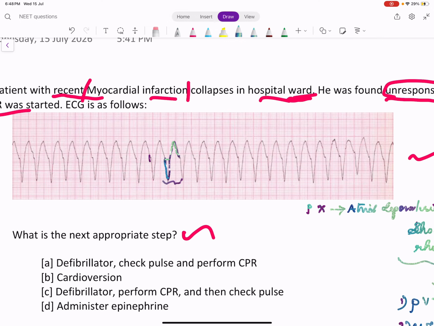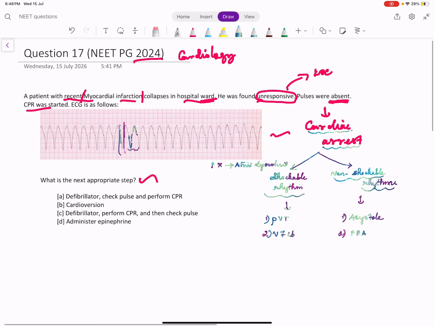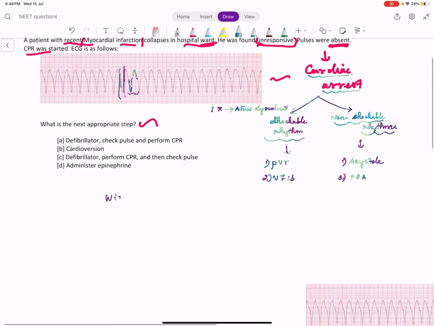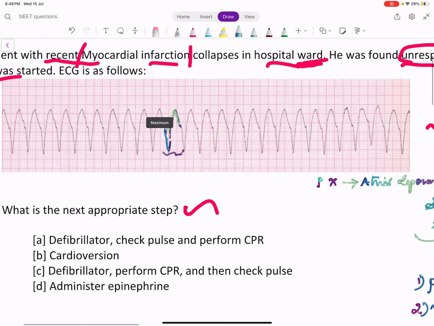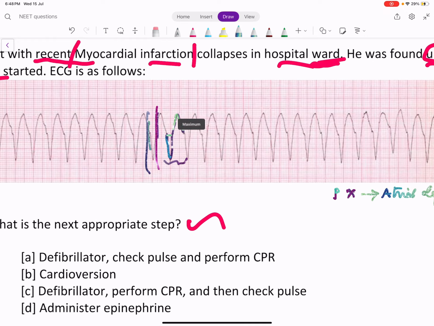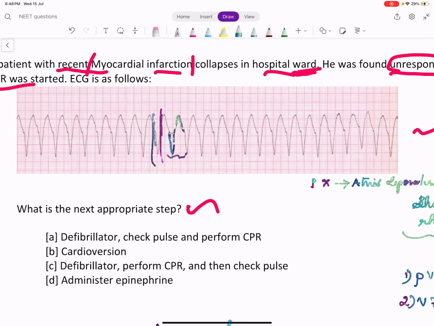If we start from here also, this is about 3 to 4 small squares, this entire wave. So definitely this is a wide complex, and this is tachycardia, right?